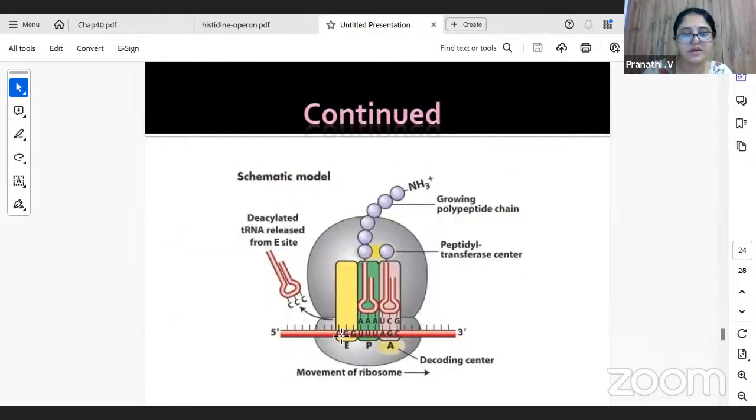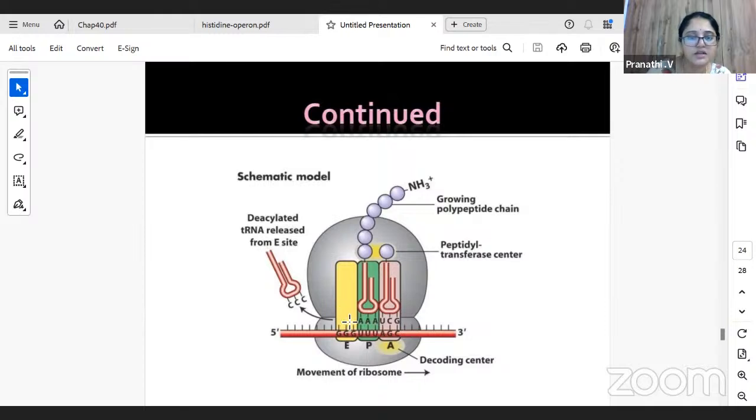So you can see over here, once the peptidyl site gets occupied, a peptide bond is formed at the peptidyl transferase center. This peptide bond forms the amino acid chain, right? And then you have the peptidyl transferase enzyme acting on this. Once the codon gets transferred to the peptidyl site and the amino acid is formed, the A site is going to be empty.